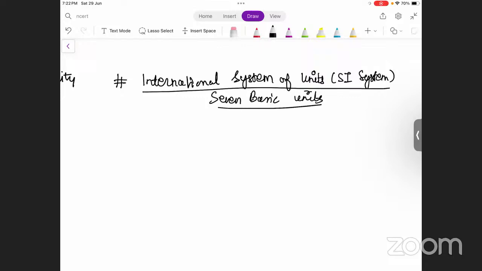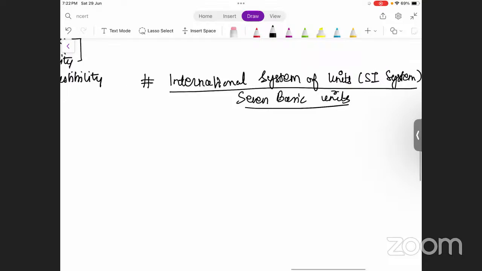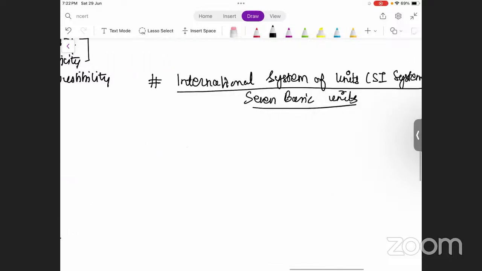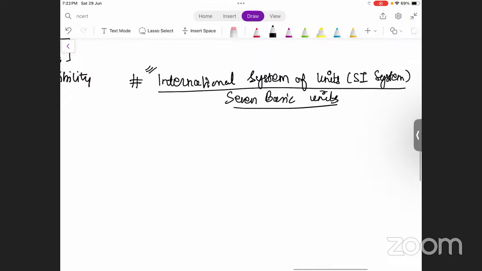If somebody sitting in another country gives you this value, 5 gram, then sitting here and reading it, you understand the information given to you. There is no confusion because we have adopted a single system for the different measurements we are taking. So we have to adopt a universal system which is accepted by all.